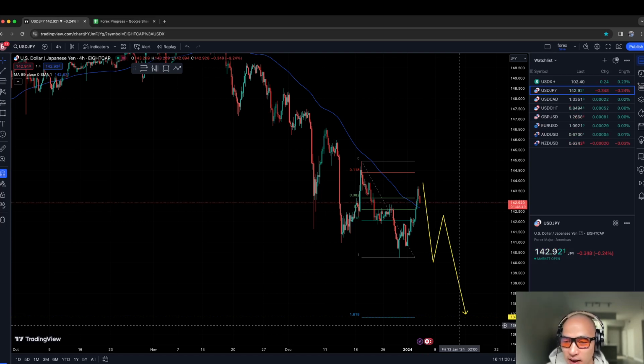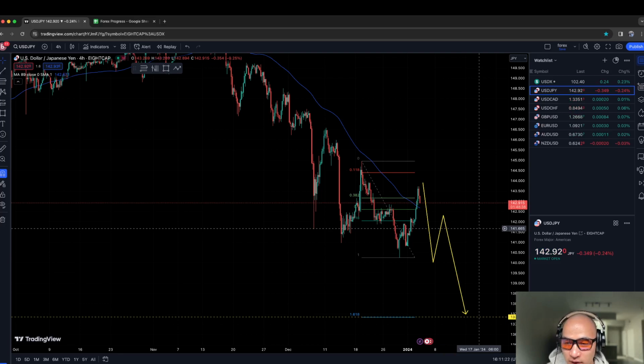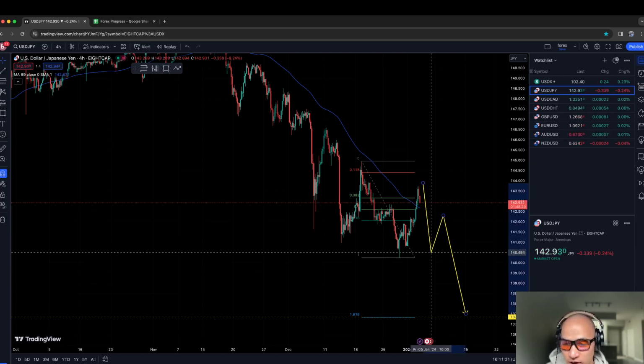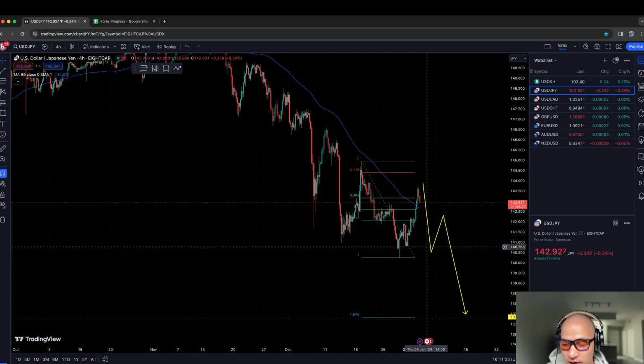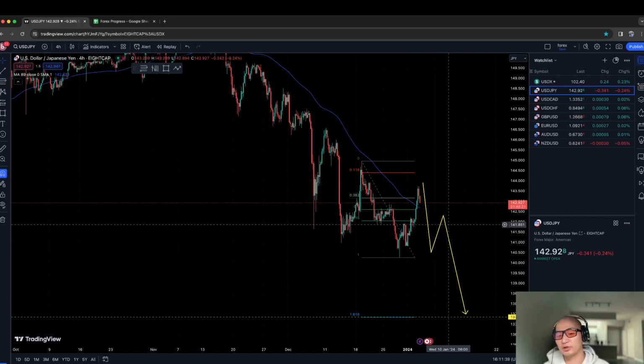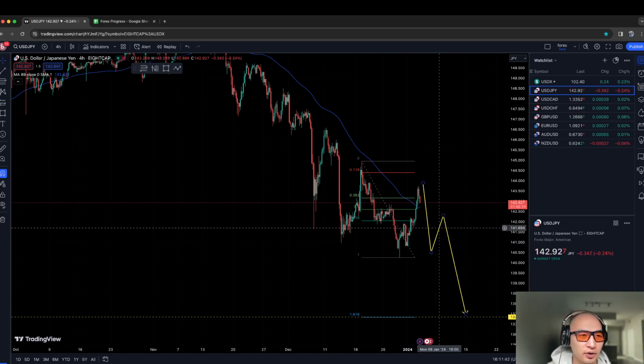Okay, but I just want to be extra careful. If it's really this scenario, the market usually likes to zigzag. So I expect some price action like this. It will continue to go down, retrace, and go down. And on this retracement, I will try to capture the downtrend.